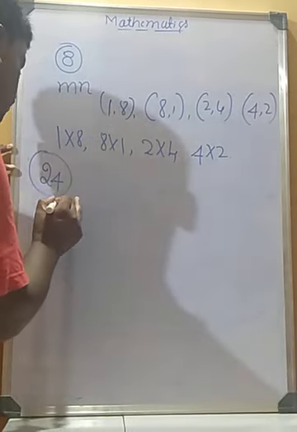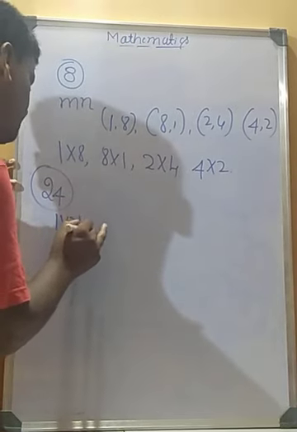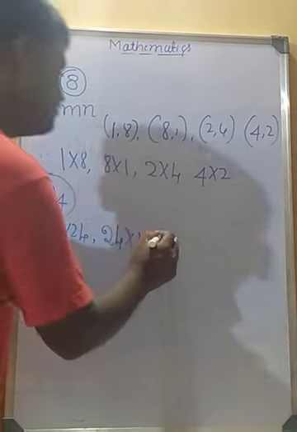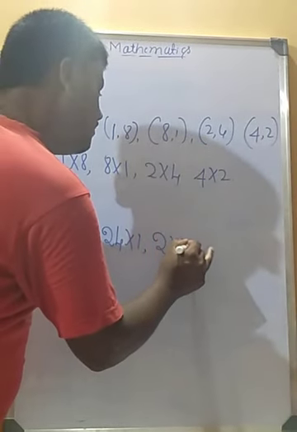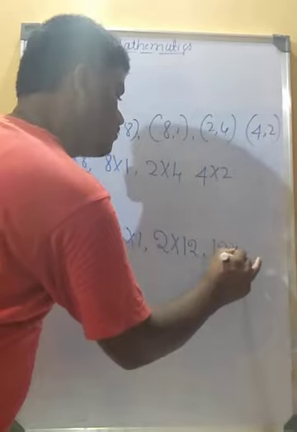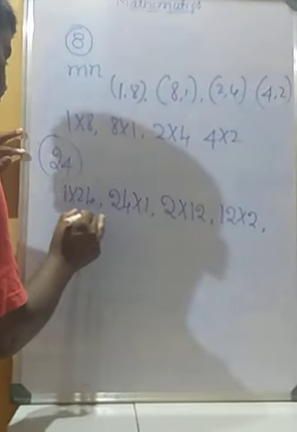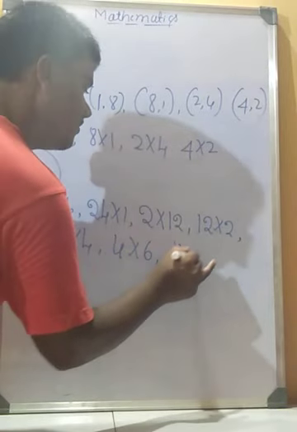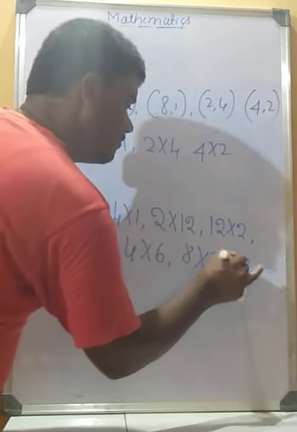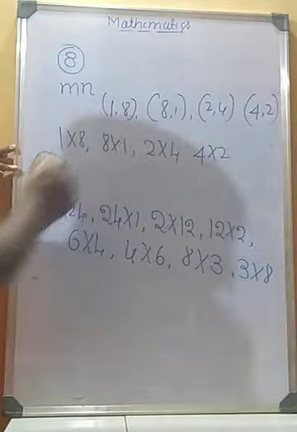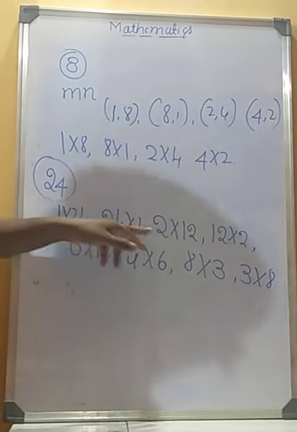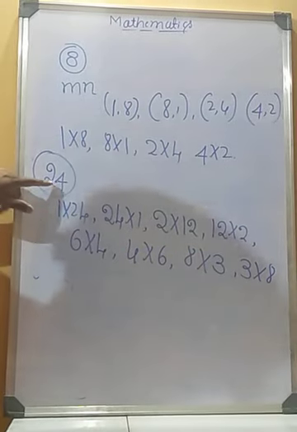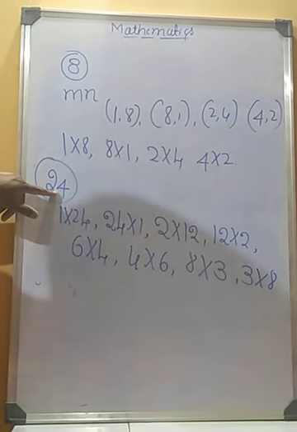One is 1 cross 24, 24 cross 1, 2 into 12, 12 into 2, 6 into 4, 4 into 6, 8 into 3, 3 into 8. There are 8 possible orders it can have if a matrix has 24 elements.